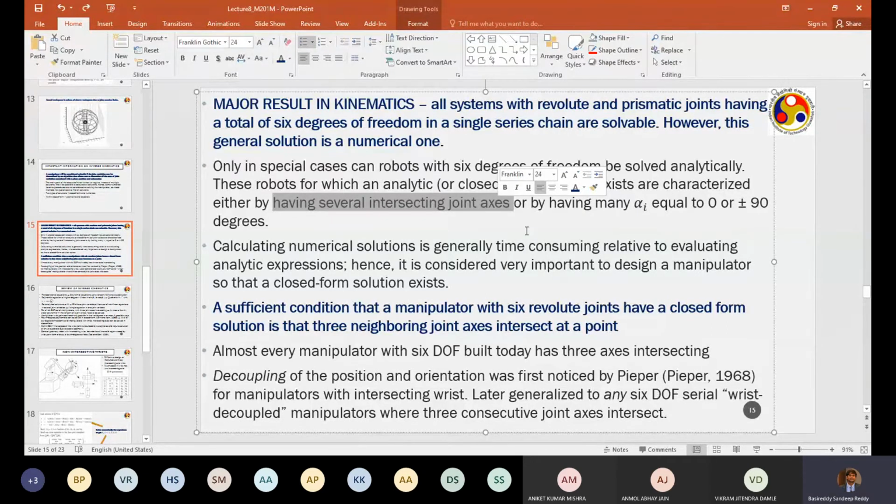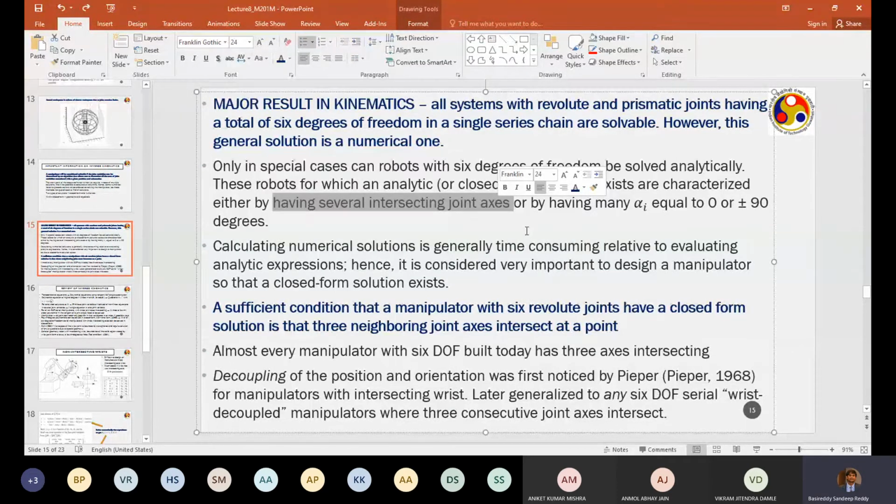Now this is actually something that I think some of you had asked, what is the advantage of this? This is actually a criterion to get a closed form solution. It will guarantee it. You will get an analytical solution when you have several intersecting joint axes.